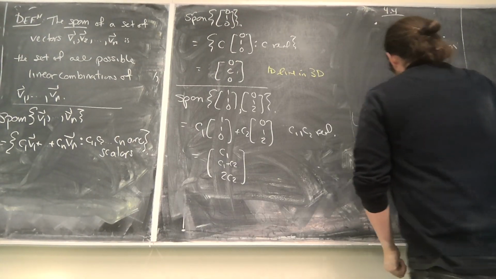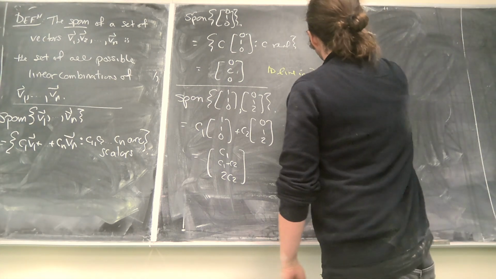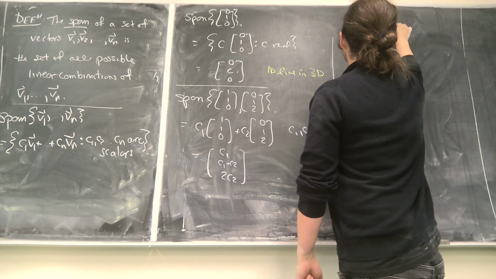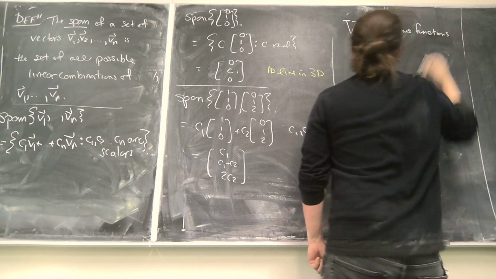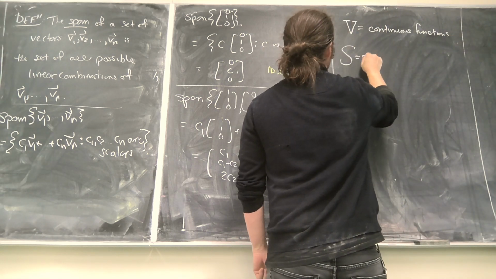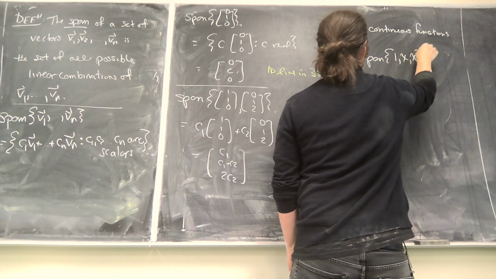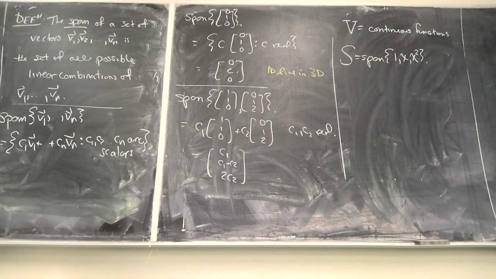Now, to give you the idea that spans are more complicated than that, let's take a look at this. Let's suppose the vector space V is the vector space of continuous functions, and S is the span of the vector 1, the vector x, and the vector x squared. Continuous functions are a vector space. I can take 3 vectors in that vector space and mash them together with linear combinations.